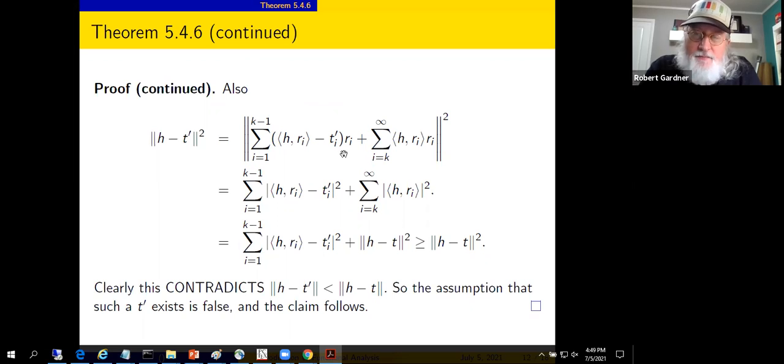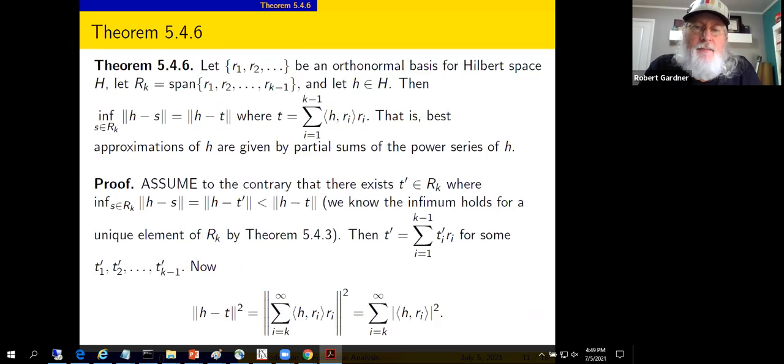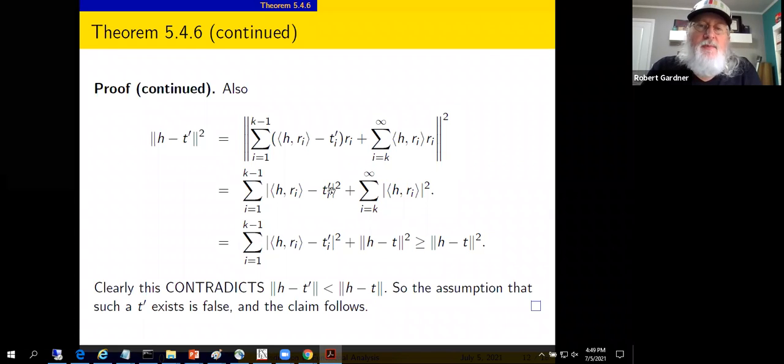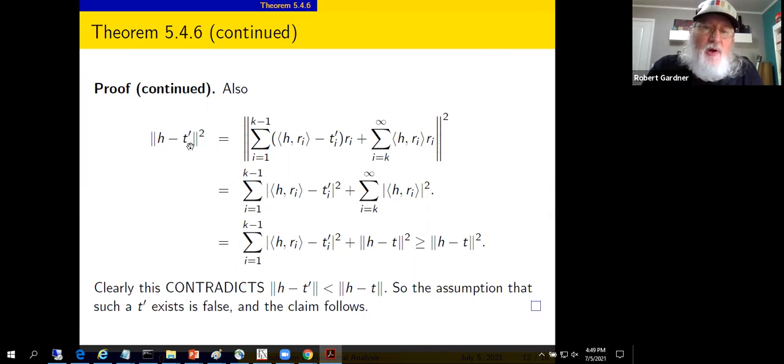There it is right there. Let's go back and look at that again. Previous slide. Here it is. Yeah, we had written T prime as a linear combination of R1 through R sub k minus 1 using what I denoted as T sub I primes as the coefficients. So we're substituting that in for T prime.